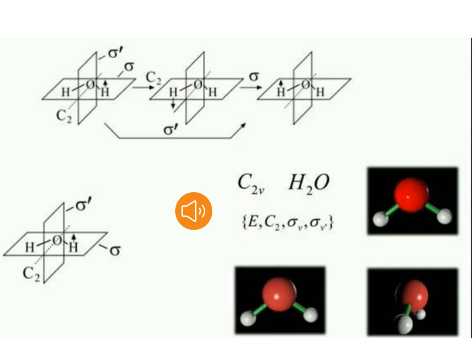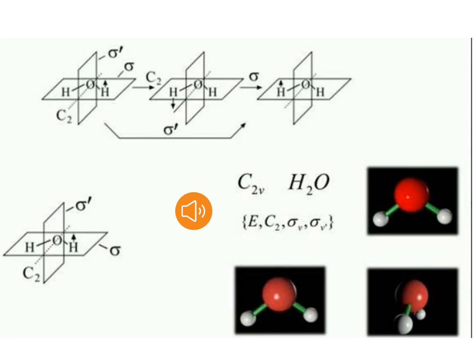If we rotate the water molecule by 180 degrees, then it acquires an indistinguishable shape from the parent molecule, and the hydrogen atoms go to the other side with the arrow upward.